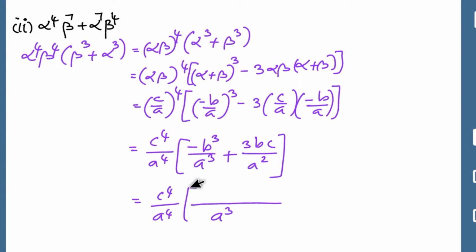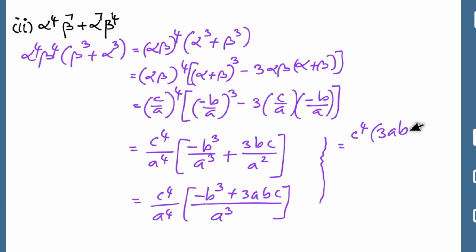So with a cube as the common denominator, write minus b cube. The a square terms cancel, a will be left. So here, multiplying by a, plus 3abc. Okay, this one equals c power 4, first write the positive term, 3abc minus b cube, by a power 4 into a power 3.